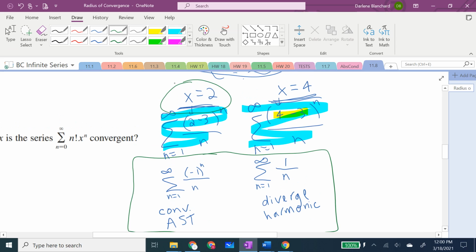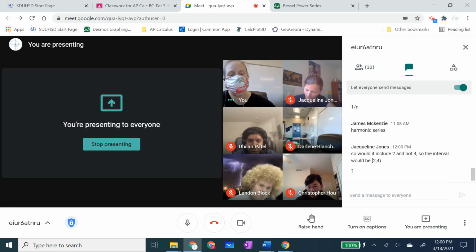And most people are going to go straight to the simplification. But what I have circled and boxed in green, that must be stated on the AP exam. Right, so that means that it includes 2, but does not include 4.